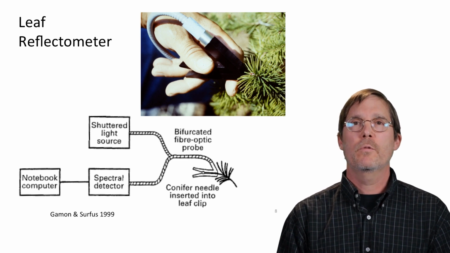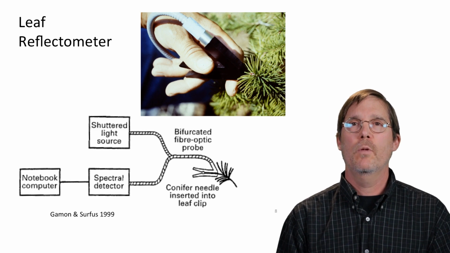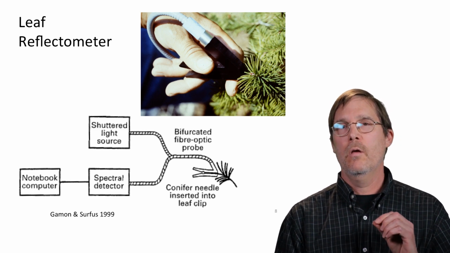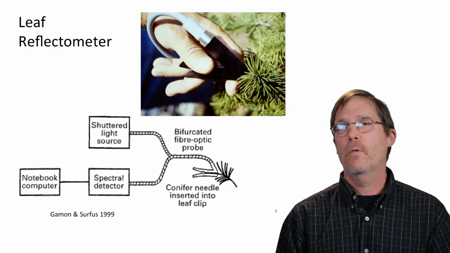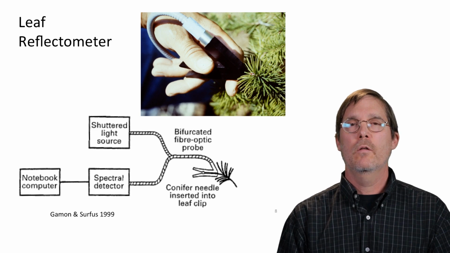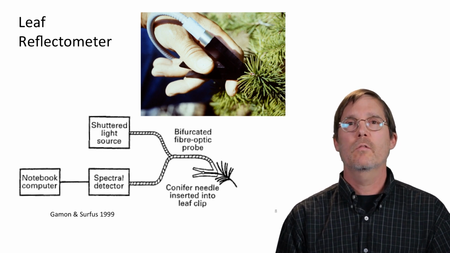The picture at the top shows an actual reflectance sample being taken from a conifer needle. So it's possible to take a repeatable reflectance sample from something smaller than a millimeter with this method. And it's very repeatable, and you eliminate the problem of background lighting, shadows, and things like that.